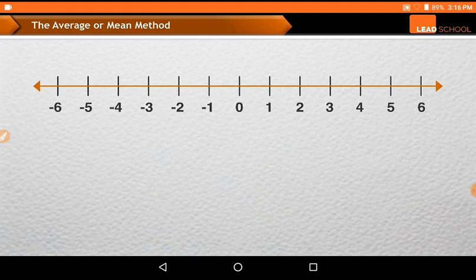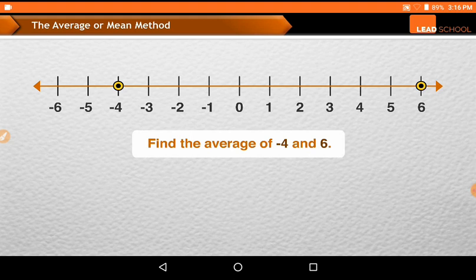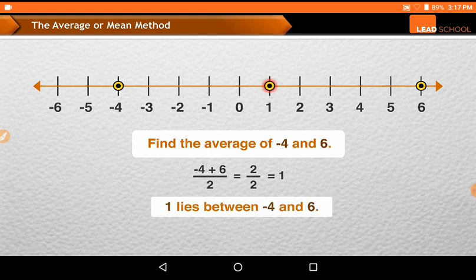Let us recheck with another example. If we take -4 and 6, their average would be the sum of -4 and +6 divided by 2, which equals 1. 1 lies between -4 and 6.